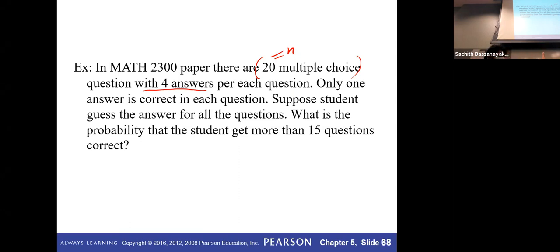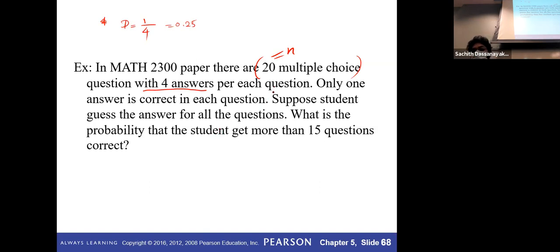Just one. So 1 divided by how many answers? 4. So your success probability is 1/4, which means 0.25. Make sense?